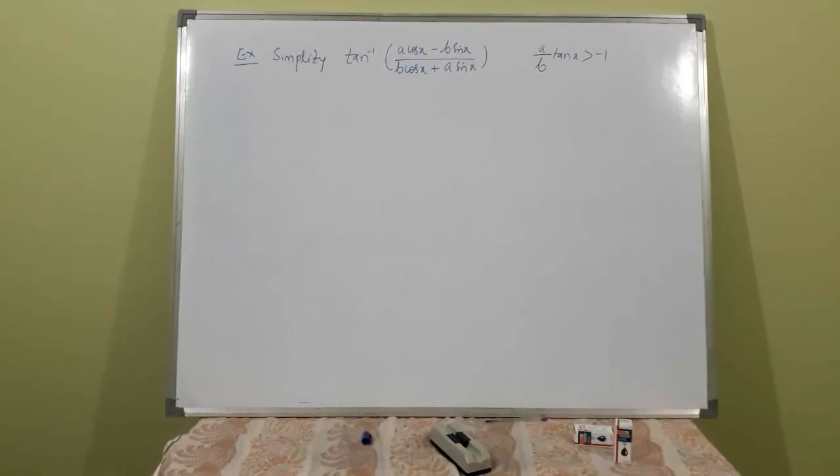Simplifying, tan inverse of a cos x minus b sin x divided by b cos x plus a sin x.